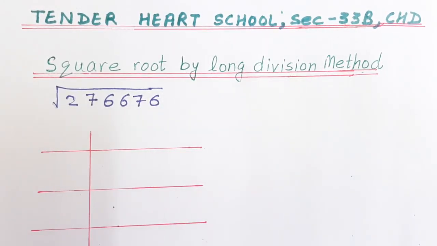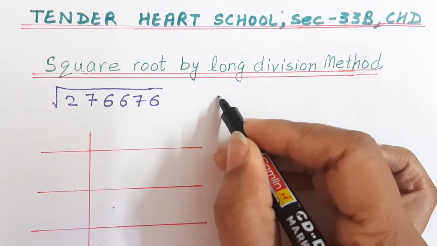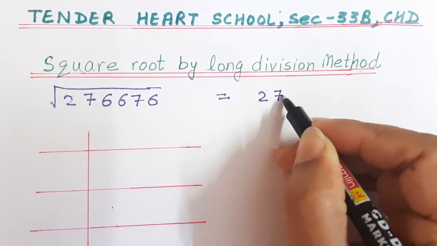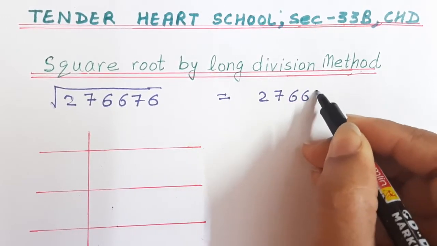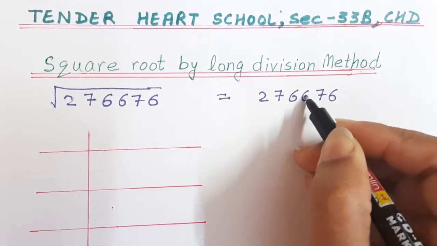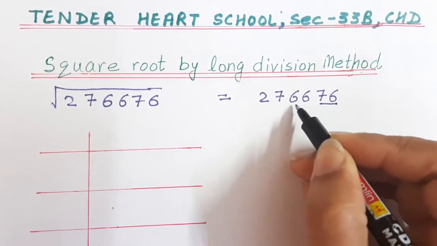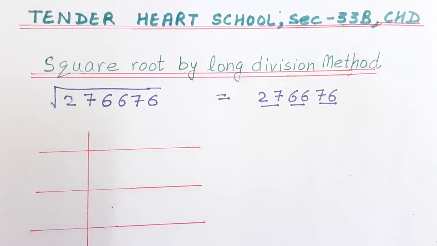Now, in order to find the square root by long division method, we need to follow a few steps. Step number 1 is group the digits in pairs. Now, how are we going to group them in pairs? That is from right to left.